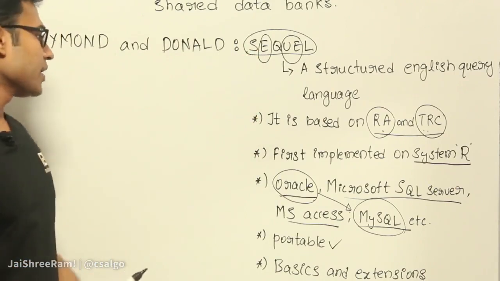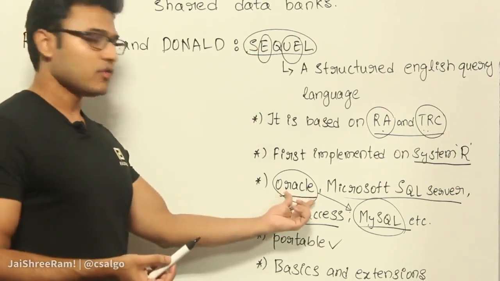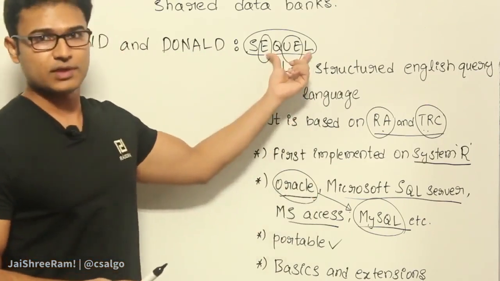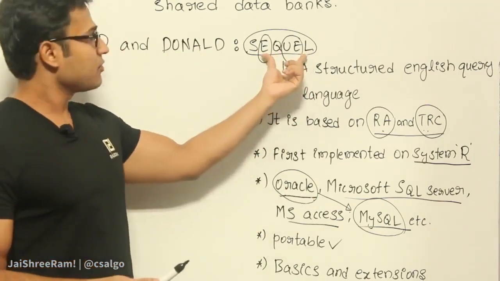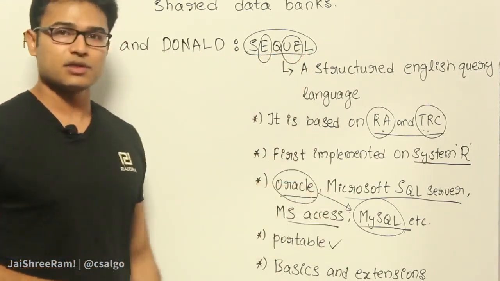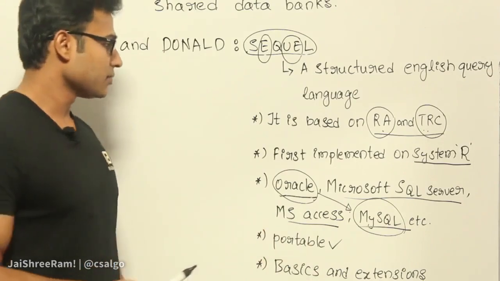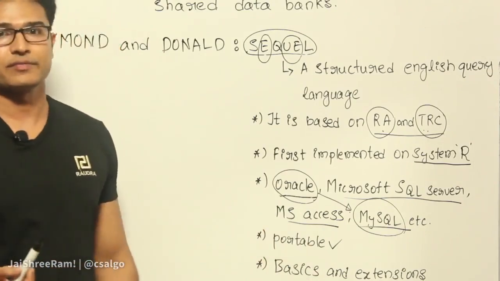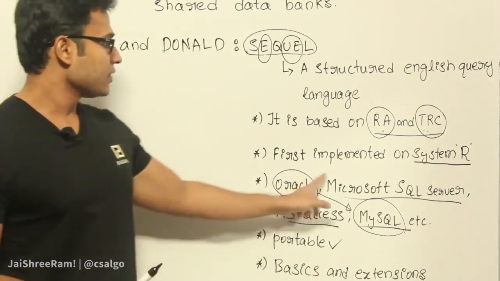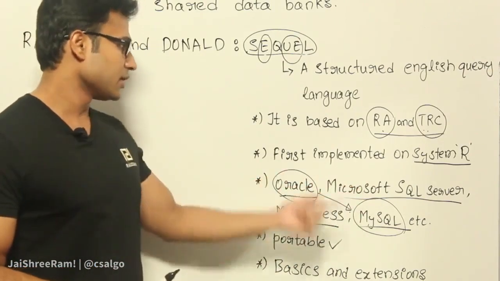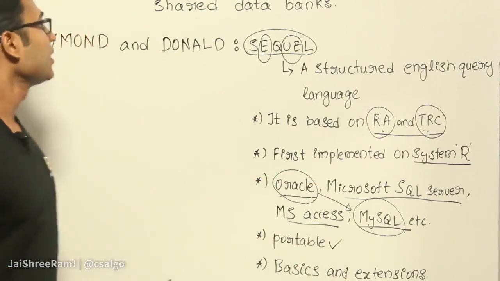So if you buy, let's say, Oracle, they give you all the features proposed by SQL under the basics, and apart from it some extra features called extensions. Because of the extensions you will be able to run some queries faster, right? Anyway, since every platform implements SQL, portability is always there. Okay, fine.